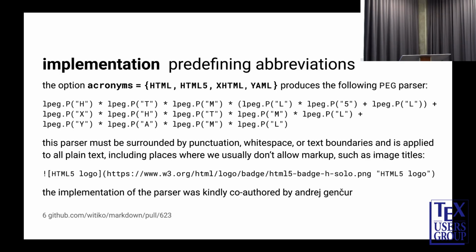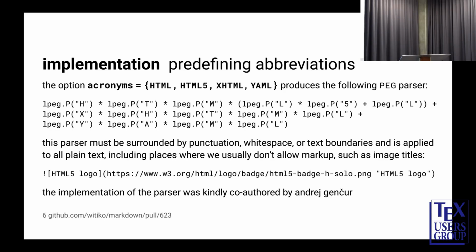After 5, you mean this one? Yeah. So it's either L followed by 5, and if this fails, it retries this. So you think it could be parenthesized differently? No, L could be after the right paren. No, it couldn't, right? Because it tries the different lines. Each line is for a different acronym, so it needs to be parenthesized.